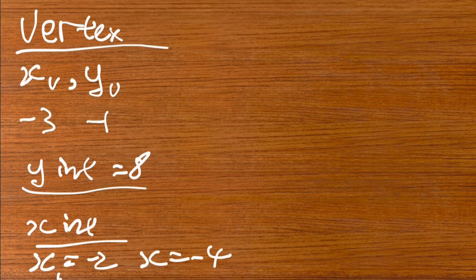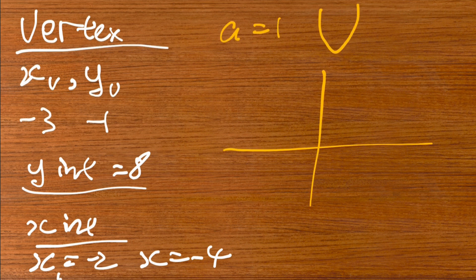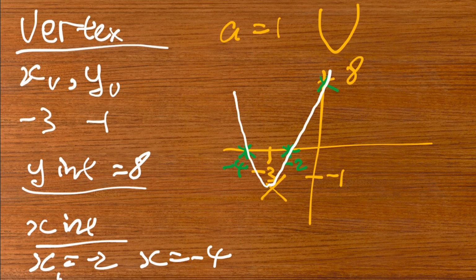So because the value of a, which is the coefficient of x squared, is positive, the graph will be a smiley face. So we can see that we have this vertex, which is negative 3, negative 1 over here, and the y-intercept is 8, with 2 x-intercepts, negative 4 and negative 2. This allows us to trace out the rough shape of the graph, which indeed looks like a smiley face.